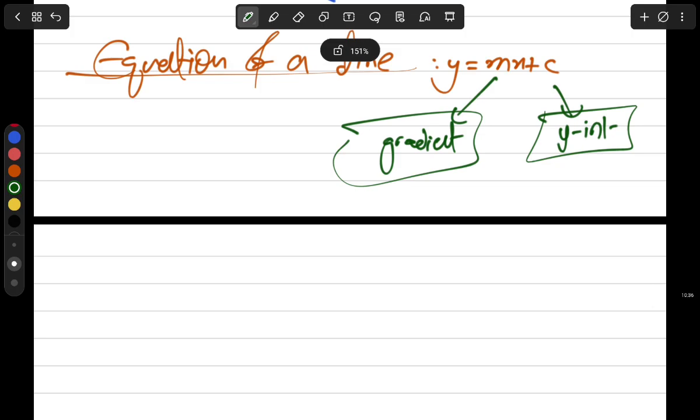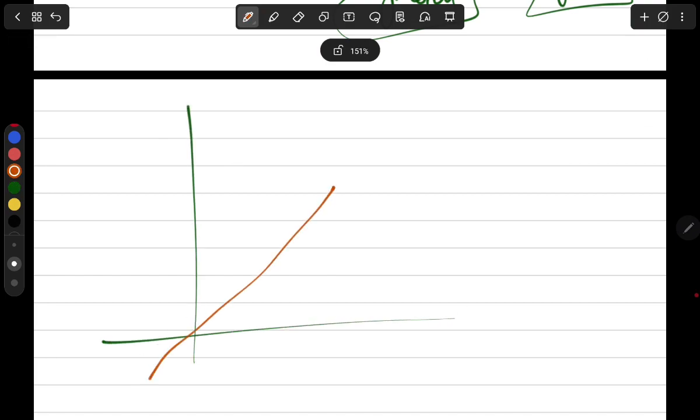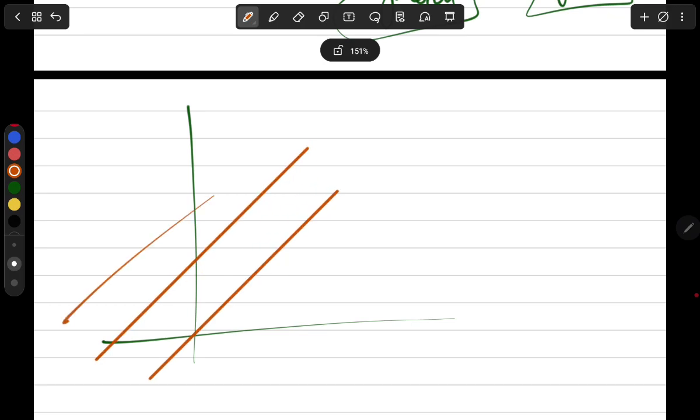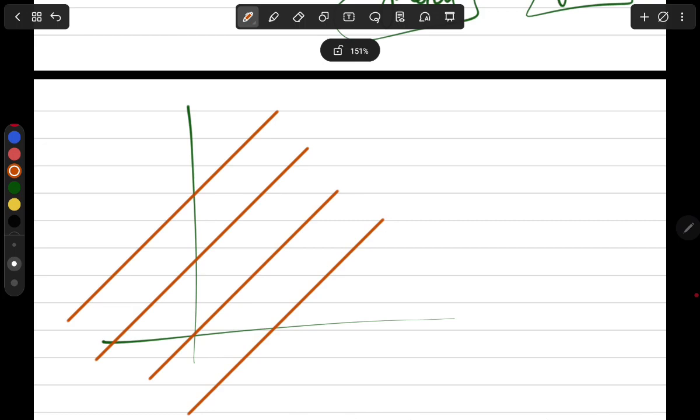Now hopefully you came to the right conclusion. Basically, if you only had a gradient, let's say a gradient of 1, that one gradient can go like this, can go like this, so it's a set of infinitely many parallel lines, right? So it is like this, and then another line like this, and then infinitely many lines.